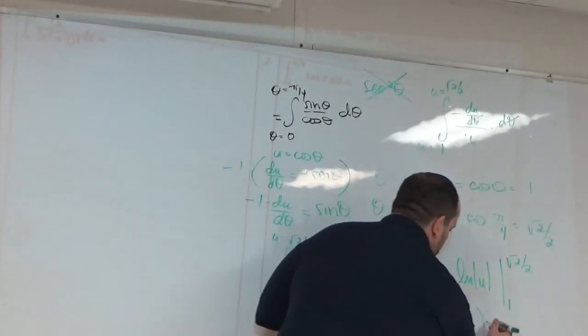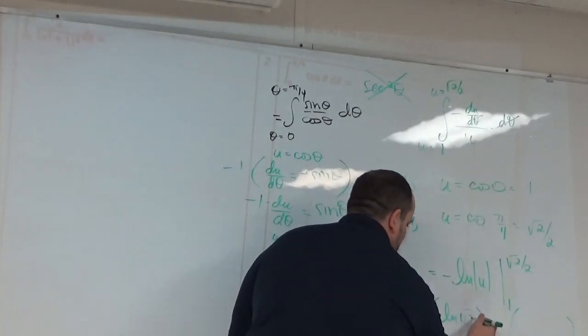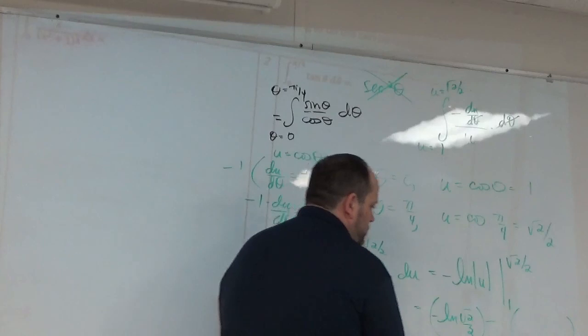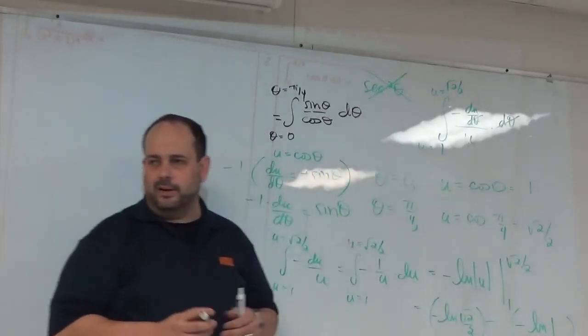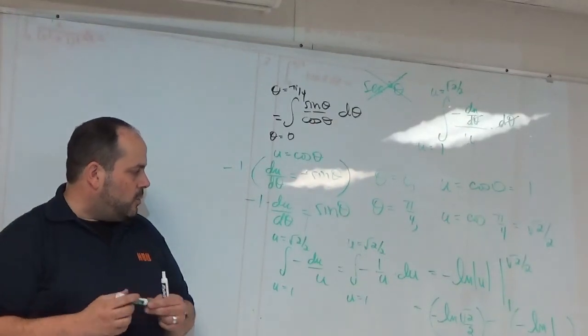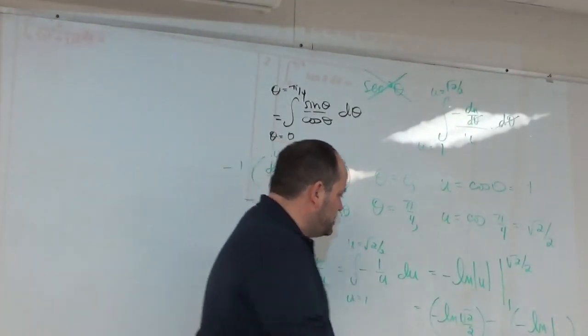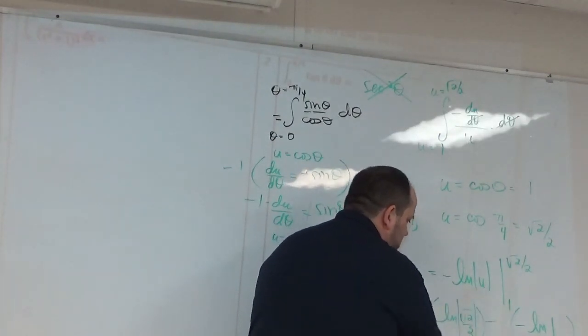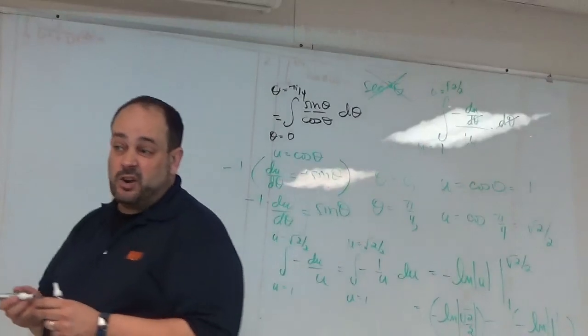Plug in big parentheses minus big parentheses, negative natural log square root of 2 over 2 minus negative natural log of 1. If you're worried about, hey, wait a second, aren't there supposed to be absolute value bars there? Sure. But it's also okay to drop them.